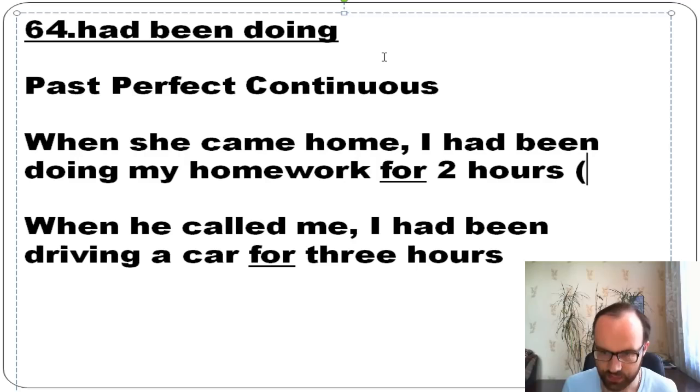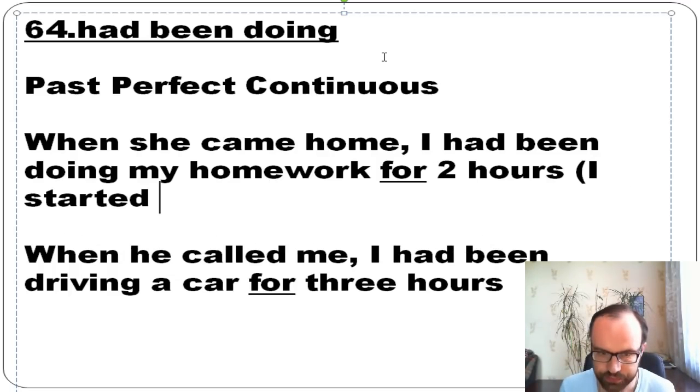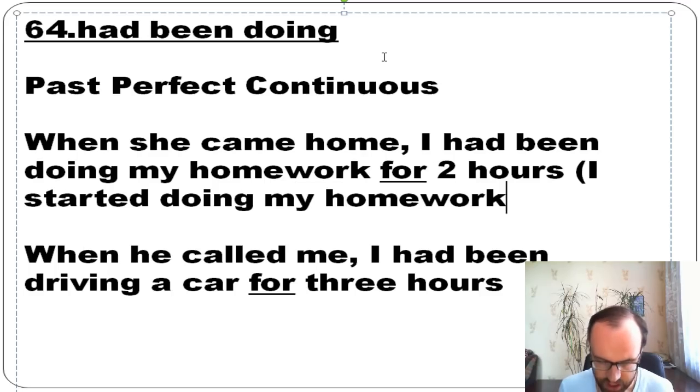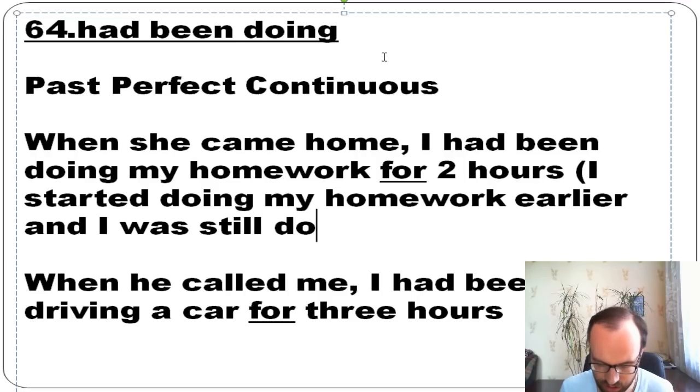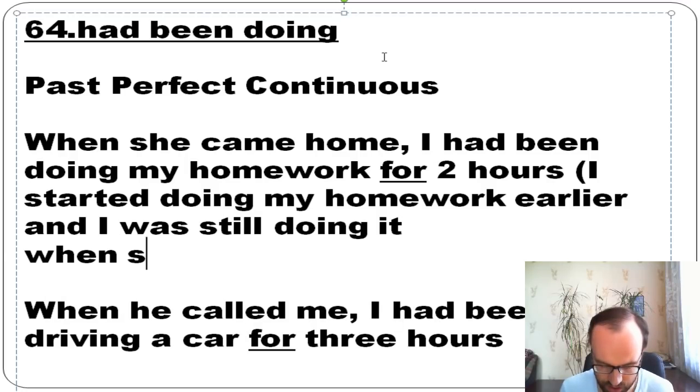It means I started doing my homework earlier, and I was still doing it when she came.